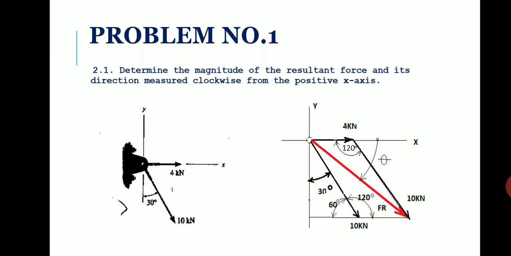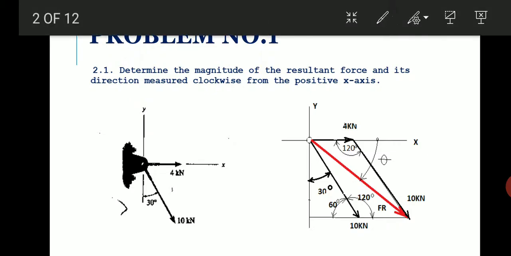We have this angle here, 30 degrees, and we get the angle of 60 degrees, because this is 90 here, so 180 minus 90 minus 30 is equal to 60 degrees.